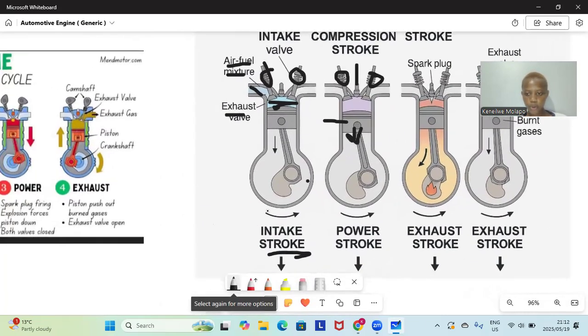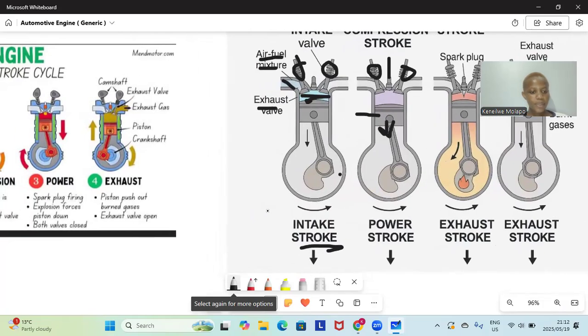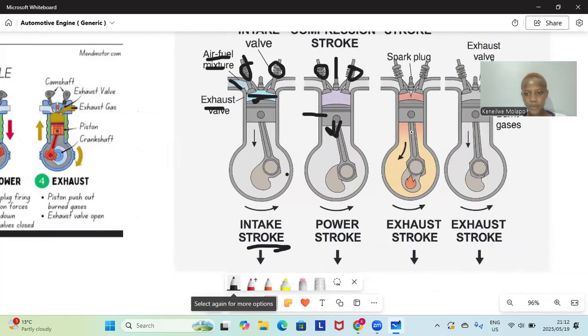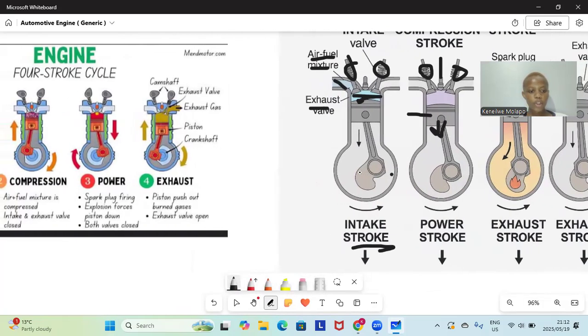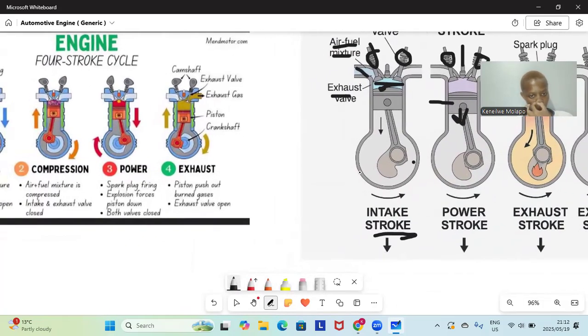Let's go to the exhaust stroke. The piston pushes out burnt gases. This is your piston, never forget. Your piston pushes burnt gas out, and the exhaust valve is open.